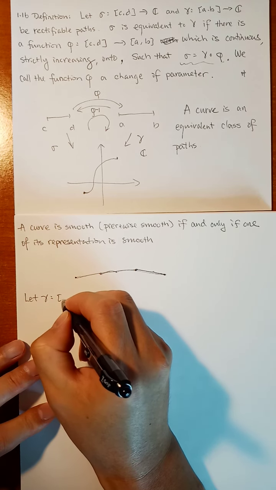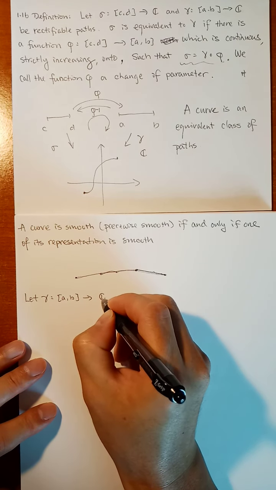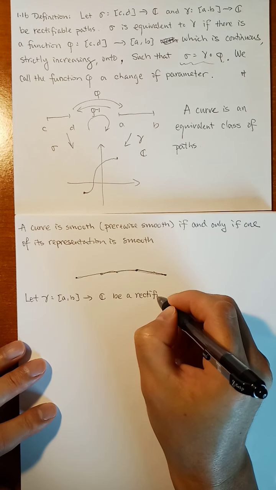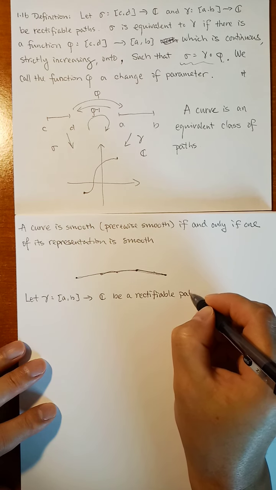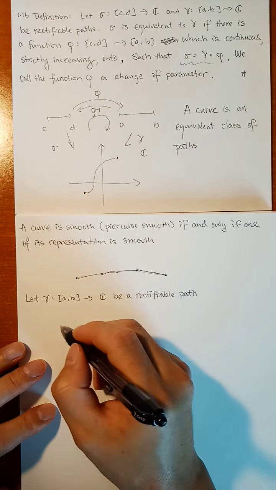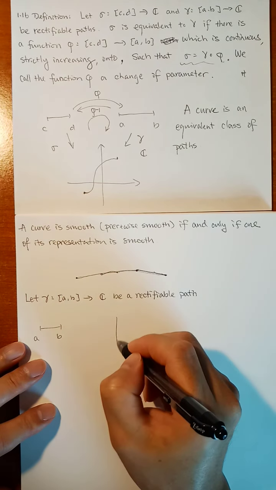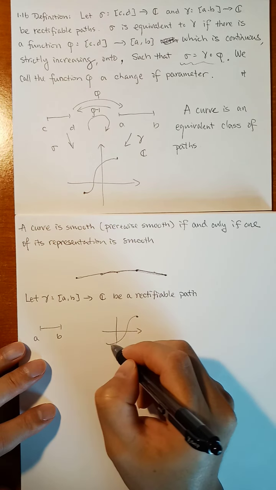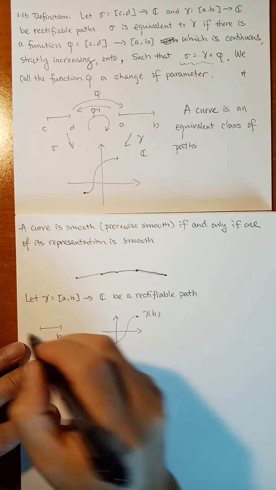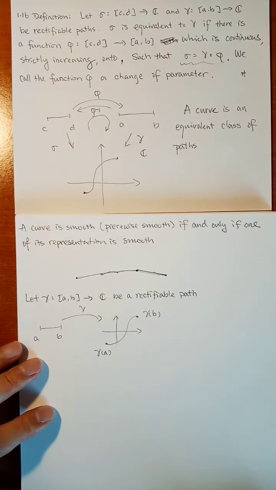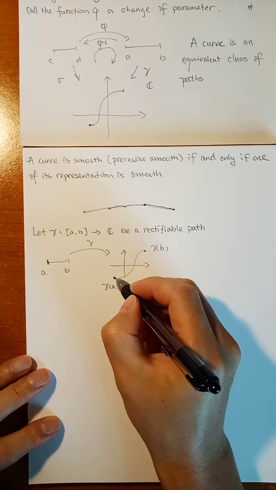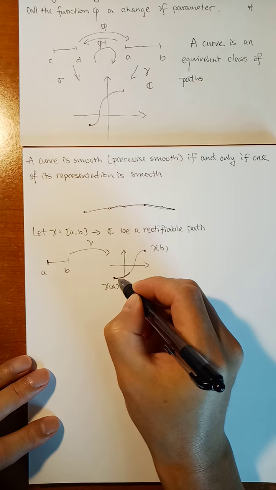Okay, so next, let's manipulate this path. Let gamma from [a, b] to C be a rectifiable path. Gamma is a rectifiable path. So gamma A, gamma B. Okay, then you start from gamma A and you're going to move along this gamma.